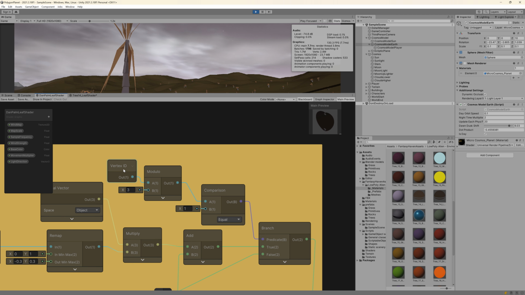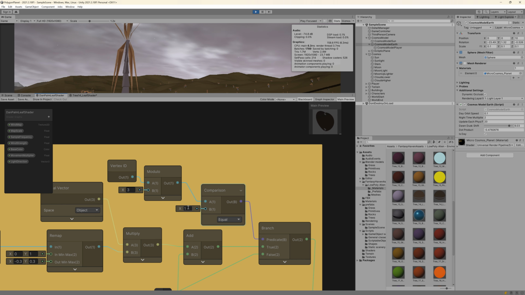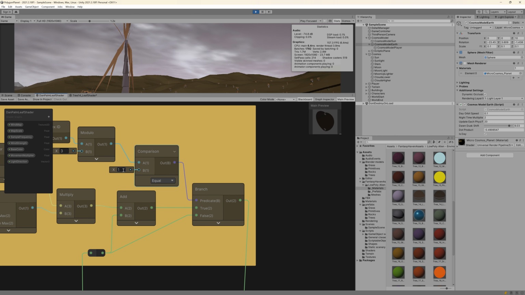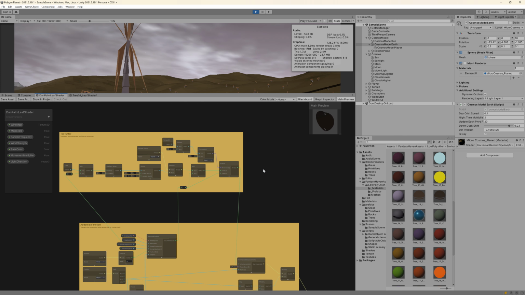And so I can say, get the ID of the vertex, use the modulus, i.e. divide it by 3, and provided that gives you a remainder of 1, in my case that identified that it was the tip. It could be 0, 1 or 2, because there are three points in every triangle. And that's the one that worked for me, given the way I modelled it in Blender.